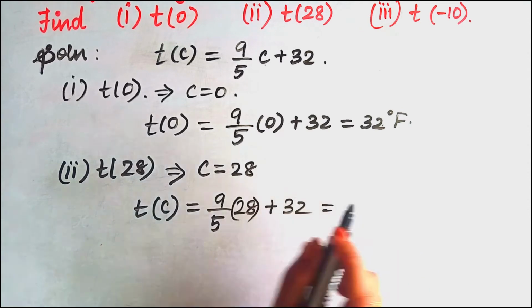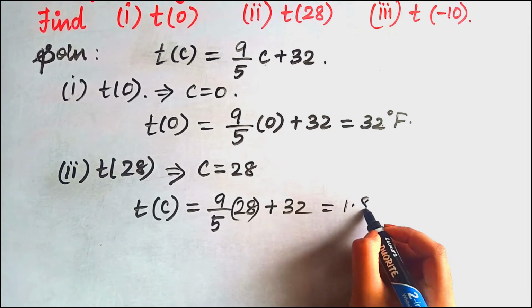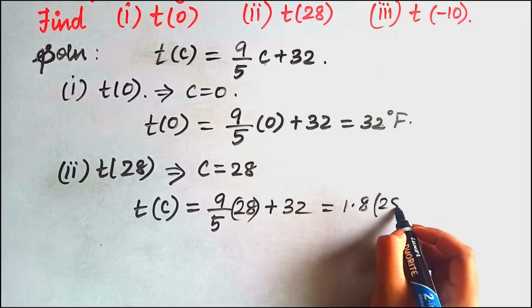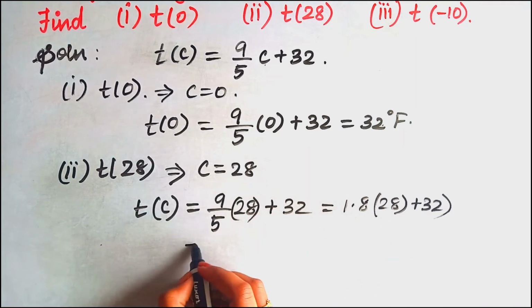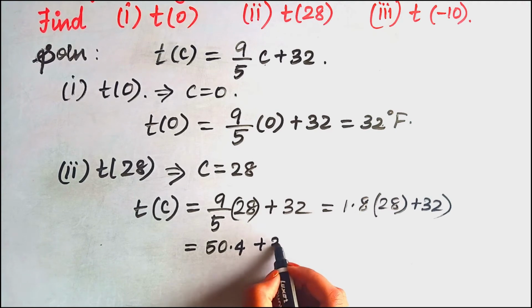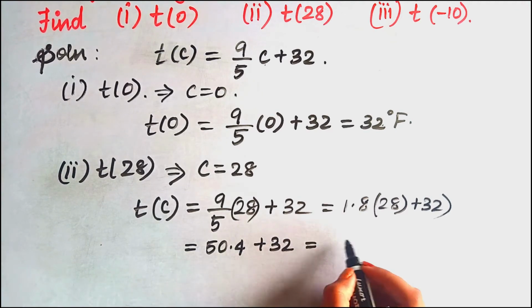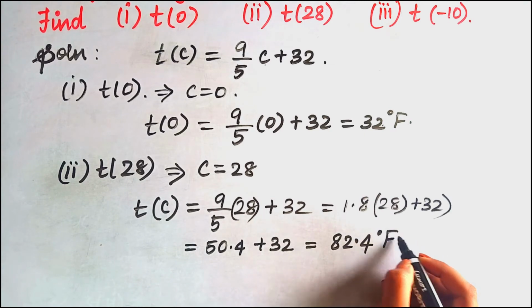Okay, now you have to multiply it. So 9 divided by 5 will be 1.8, and into 28 plus 32. So while we multiply here, we will get 50.4 plus 32, and the final answer will be 82.4 degree Fahrenheit.